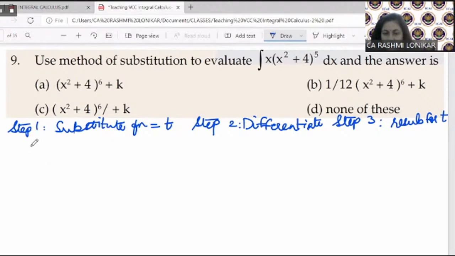Now, what are we going to substitute? What is the function? x square plus 4. Let x square plus 4 be equal to t. This is my first step. Second step, differentiate on both sides.